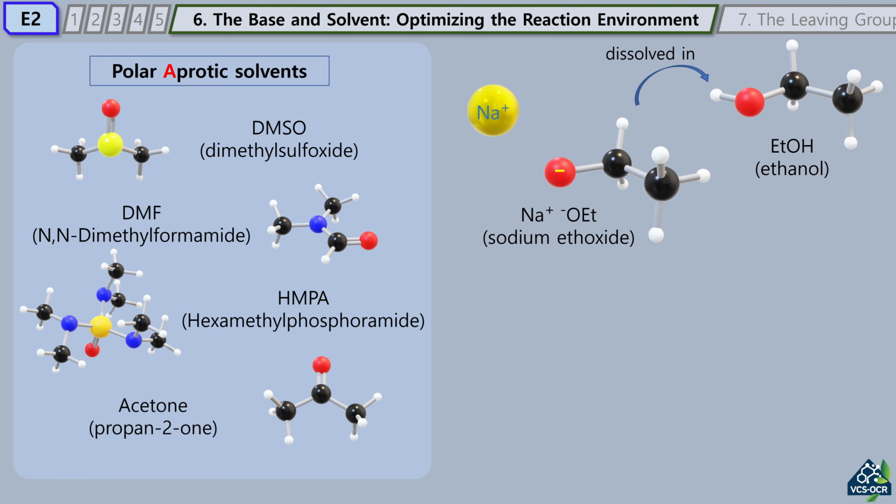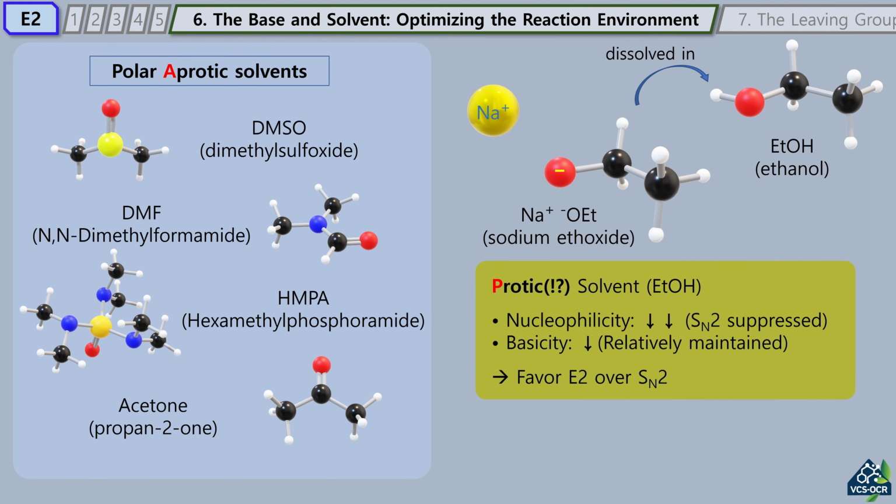For example, using sodium ethoxide dissolved in ethanol. Although this creates a protic environment that reduces nucleophilicity more significantly than basicity, substitution becomes strongly disfavored, especially for tertiary substrates. When combined with high base concentration and elevated temperature, elimination is favored over substitution, leading to a selective and efficient E2 outcome.